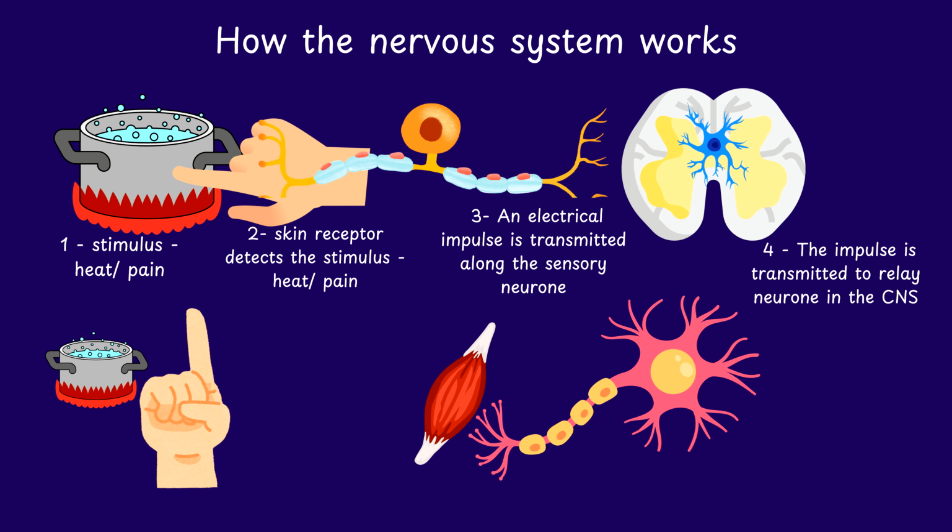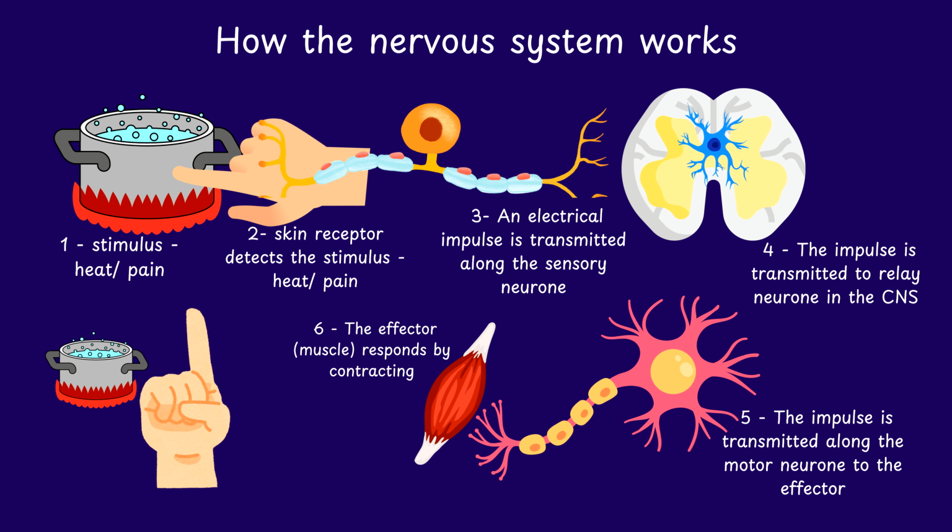The electrical impulse then passes to the relay neuron, which is found in the CNS, and the CNS in this example is the spinal cord. Number 5, the impulse is transmitted along the motor neuron to the effector, and in this case the effector is a muscle, and the muscle will respond by contracting. And the response is that the arm will be pulled away from the hot object.